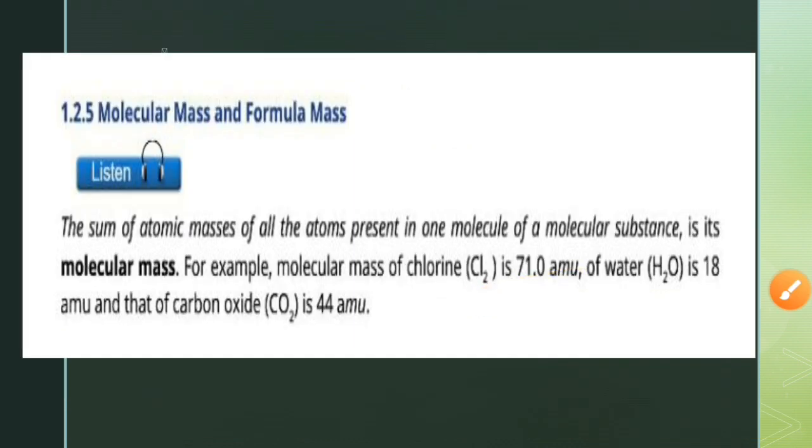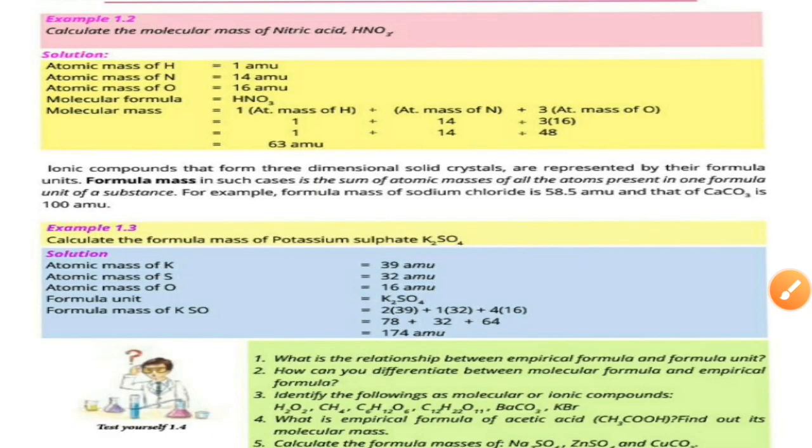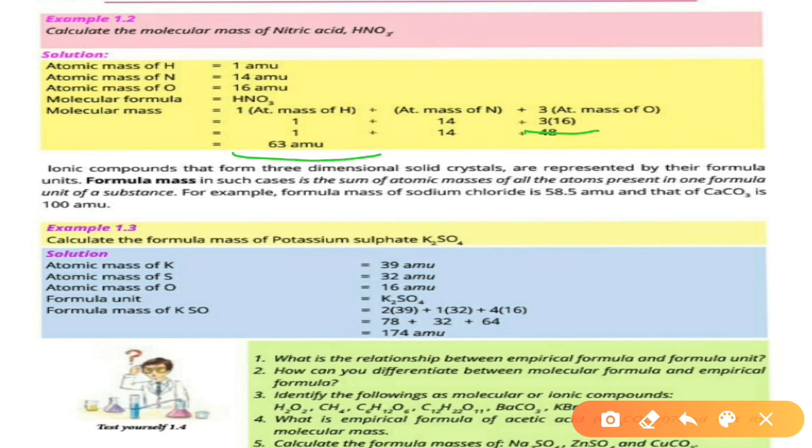Okay, you have successfully located all the atoms. Now what you have to do is calculation. Hydrogen 1, nitrogen 14, and for oxygen 16, you have to multiply it with 3. By calculating, you will get 63 AMU.